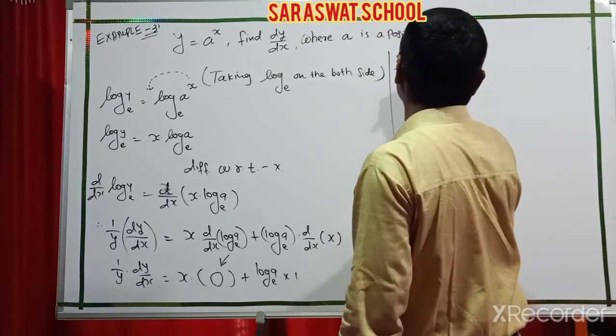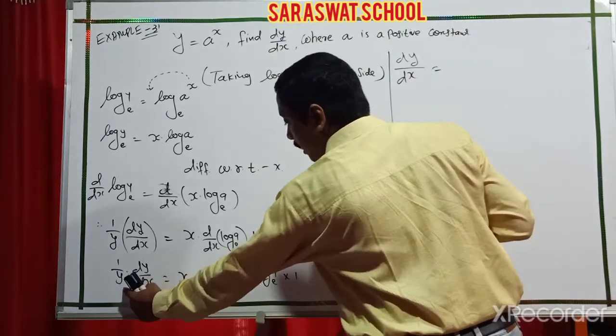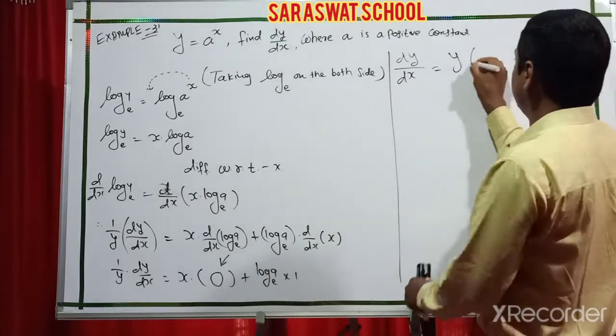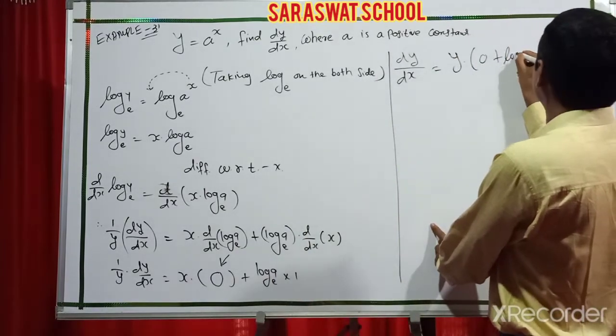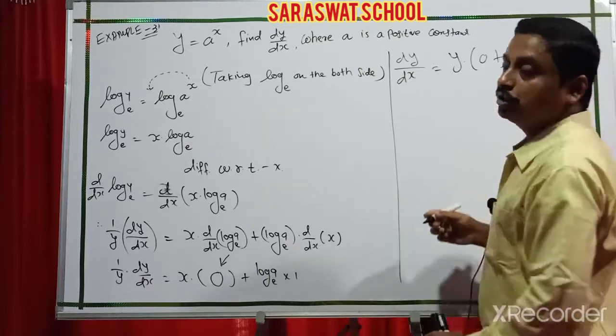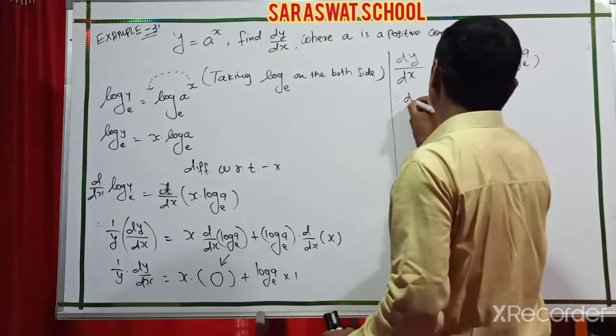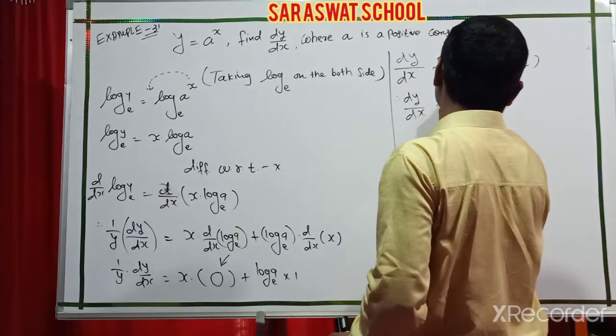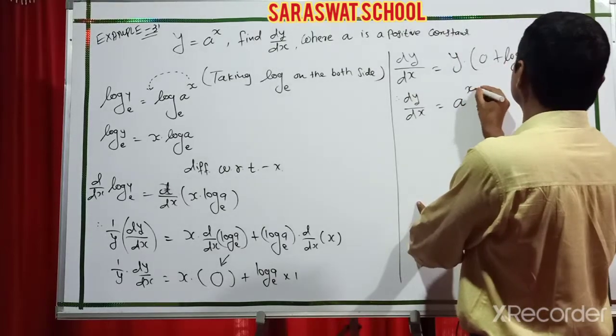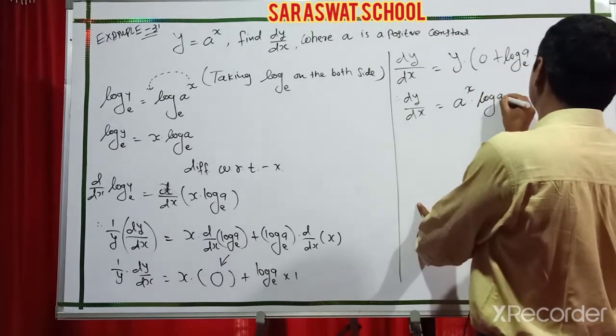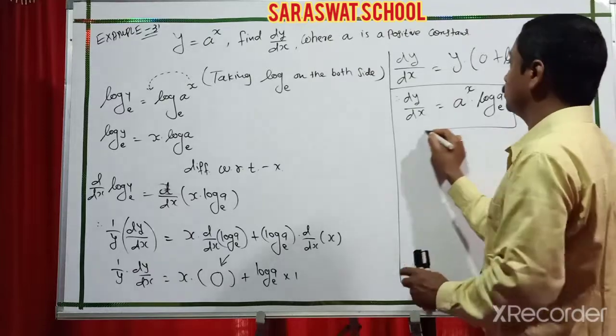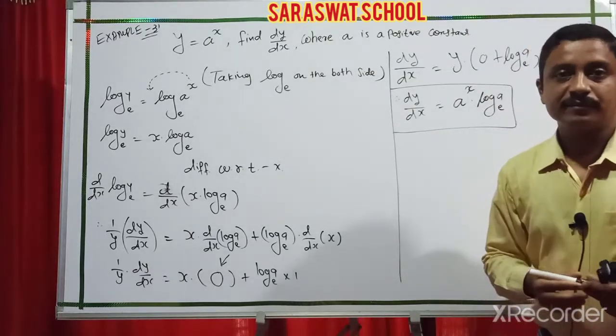My dy by dx answer is this: y, I just multiply on the upper side, and here 0 plus log a base e. Finally putting the value of y, dy by dx, y is what? A raised to x log a base e. That's my answer to this numerical.